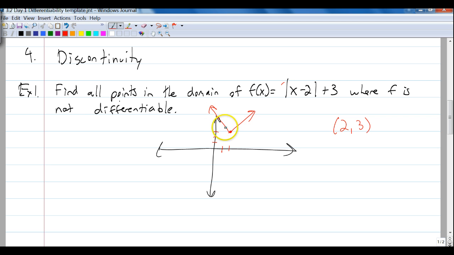From the left, this line actually has a slope of -1, and this line has a slope of 1. Since both are different values, this would be a corner at this point. So it's a corner since the left-handed derivative and the right-handed derivative equal different values.